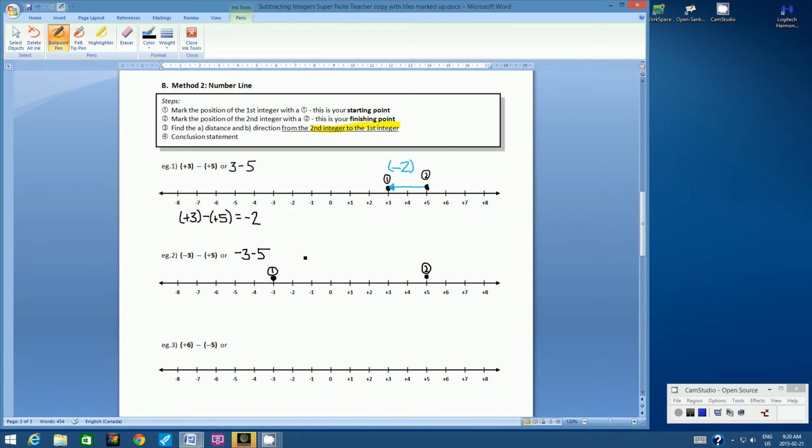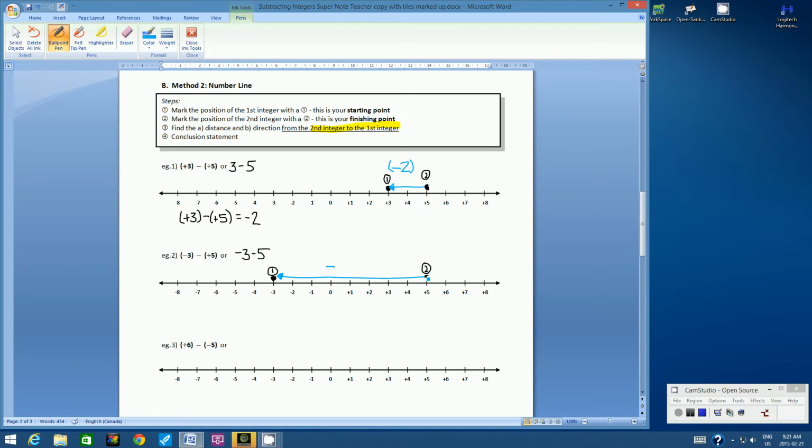Okay? Step 3. Find the distance and direction from the second integer to the first. So again, I'm going to use my different color. Remember, I have to start with the second integer and draw an arrow to the first integer here. Okay? What direction did I move? Well, I moved to the left. Left means negative.